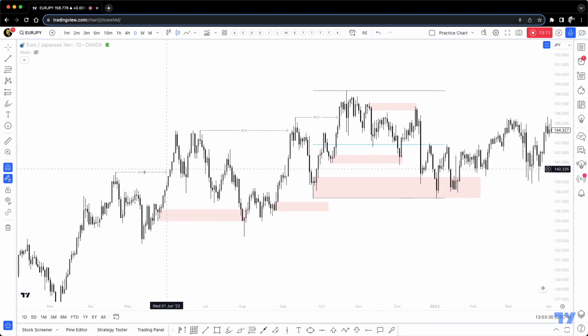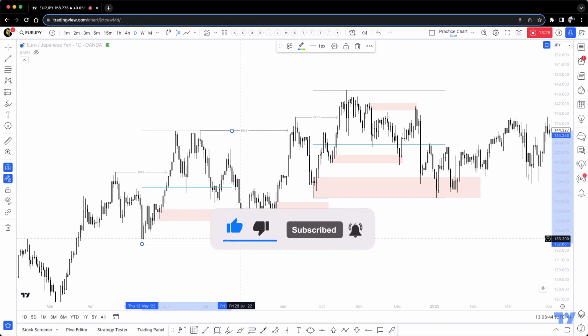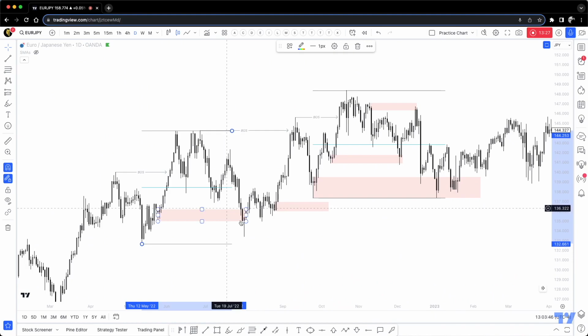Guys, simple. If you have a break of a structure to the upside recently, it means price wants to go up. Use your fib from the low to the high. Just simply wait for price to be at your zone in the discount area. So wait for the price to be in the buyer's area. Right here, at the moment, price is on the seller's area.